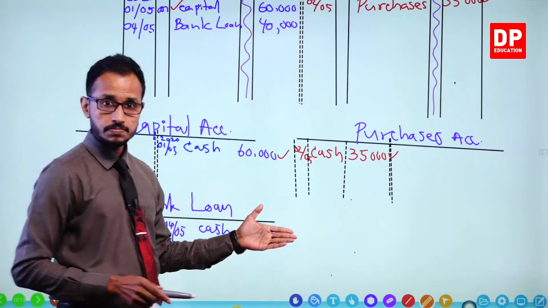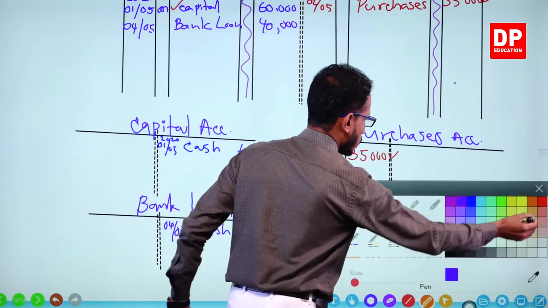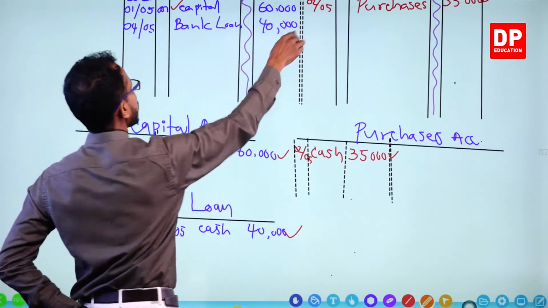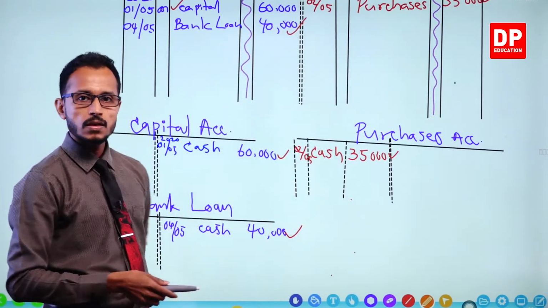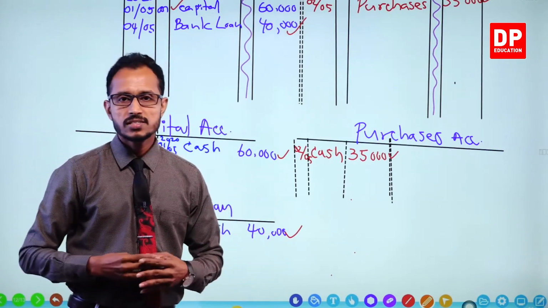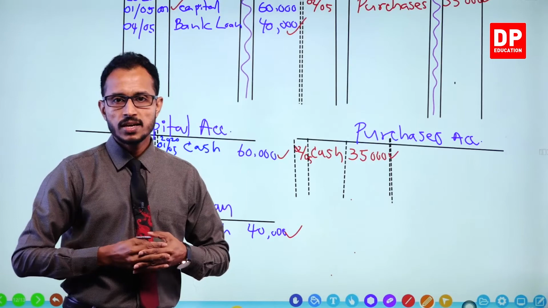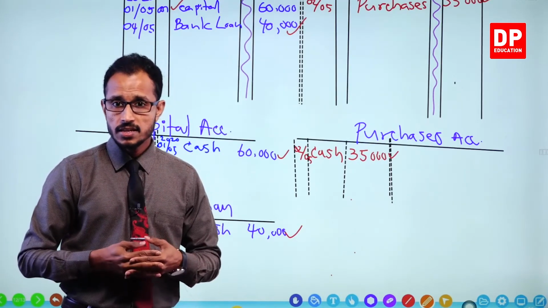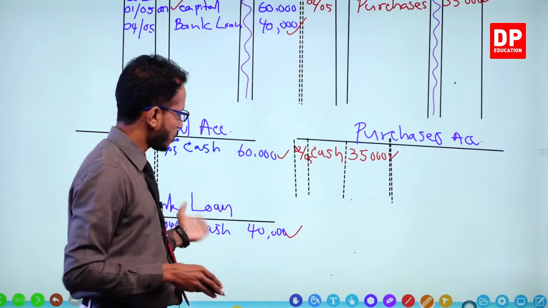It is done. Double entries. Likewise, children, we record the cash transaction in the cash book and the relevant corresponding entry in the relevant ledger accounts.